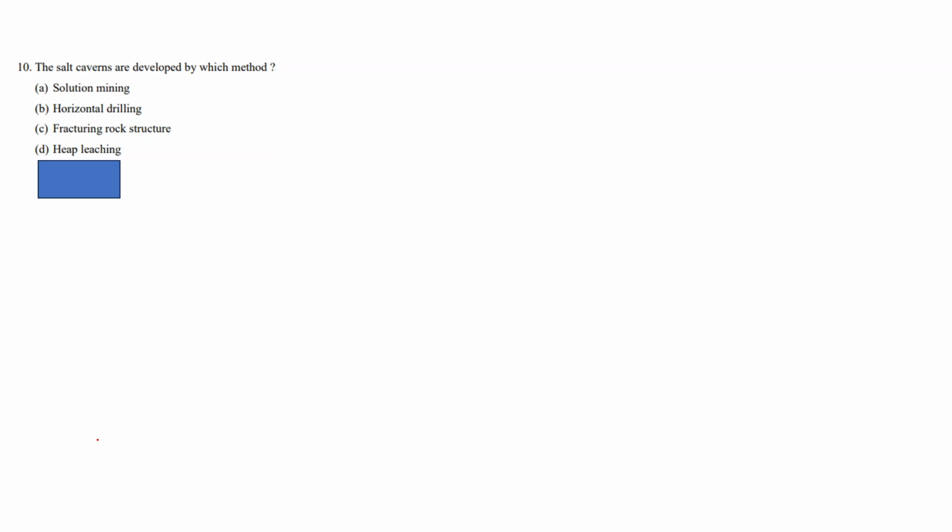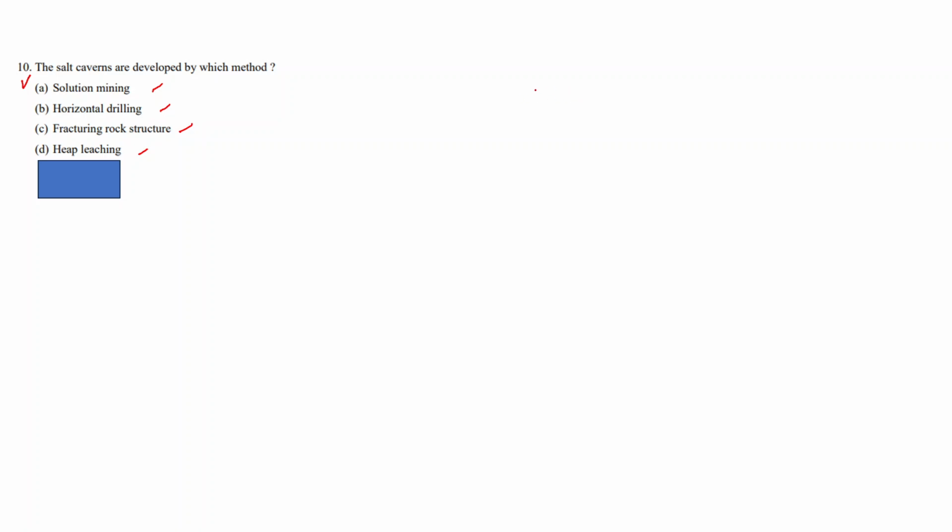Then the last question, question number 10. The salt caverns are developed by which method? Solution mining, horizontal drilling, fracturing rock structure, heaping, leaching. Which one is the correct answer?